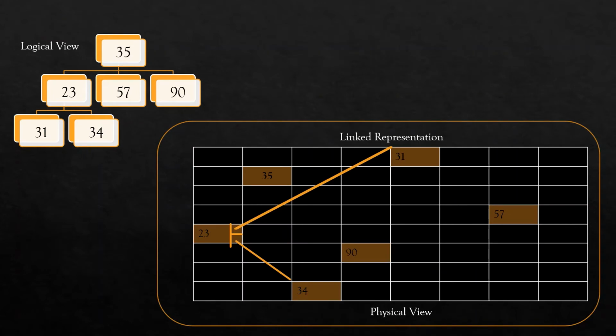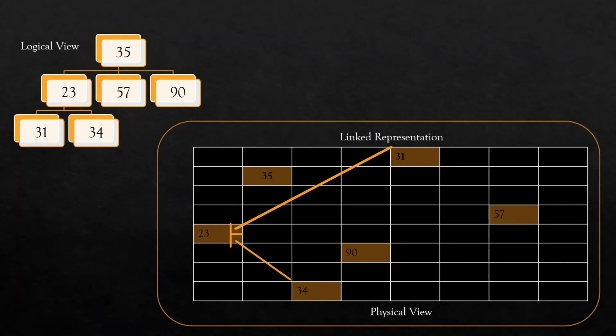Let us take a tree of degree 3. Here the tree is said to be of degree 3 because we have one node, 35, with the maximum number of children, 3. Even though 23 has 2 children, the maximum number of children any node has in this tree is for node 35, and it has 3 children, and so we say that the degree of the tree is 3.